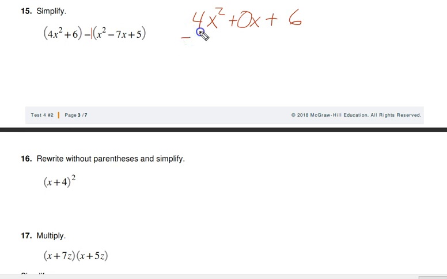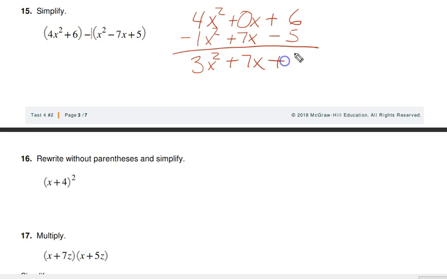So this is a negative 1x now. We don't usually write the 1, but you can. This becomes a positive 7x, and this will become a negative 5. So adding these up, this is 3x squared plus 7x plus 1. All right, not too bad.